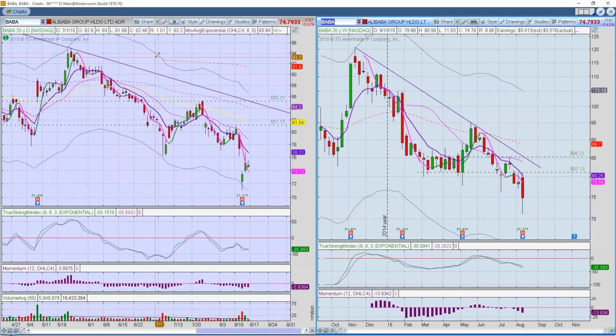Right now, Baba is in a downtrend. It is bouncing off of a low and off of this trend channel. So where's it going to rebound to? Is it going to rebound back to the 8? Is it going to rebound back to this level here at about $77 before turning back over? We're just going to have to see.